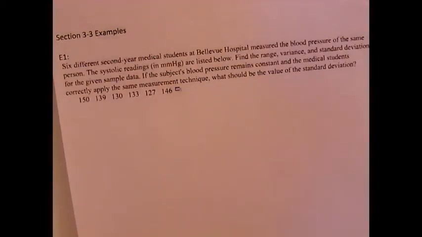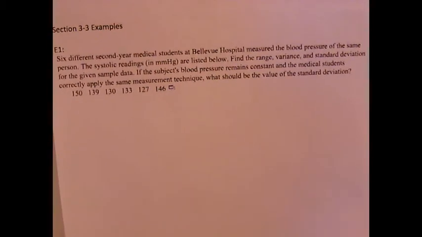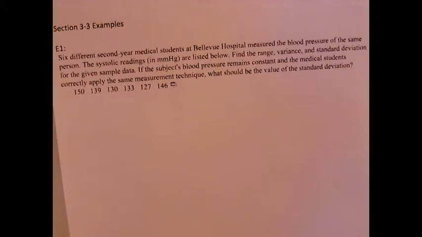All right, now let's take a look at this example here. You have 6 different second-year medical students at Bellevue Hospital measuring the blood pressure of the same person. The systolic readings in millimeters of Hg are listed below. Find the range, variance, and standard deviation for the given sample data.